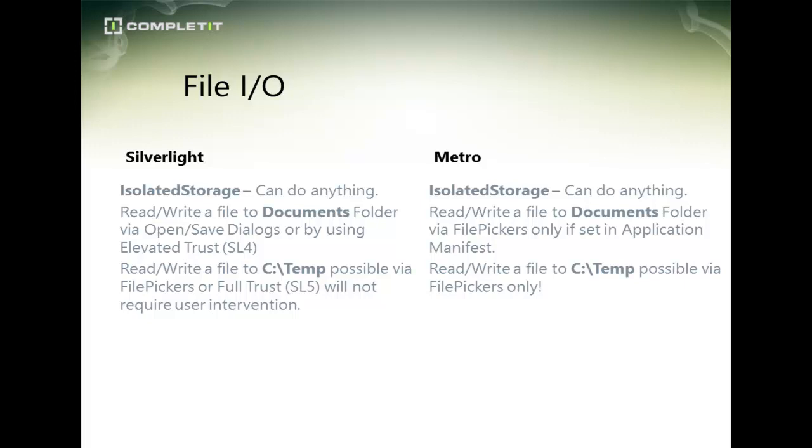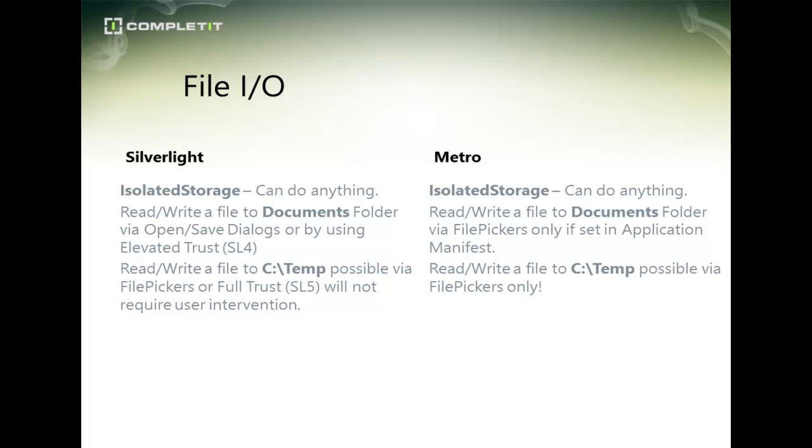Also, in Silverlight, if you decided that you want to read and write a file to the temp directory, it was possible via file pickers, or if you used full trust, which was in Silverlight 5. So in Silverlight 5, using full trust, it did not require any sort of user intervention. In Metro, with writing or reading a file from the temp directory, it's only possible via file pickers only.